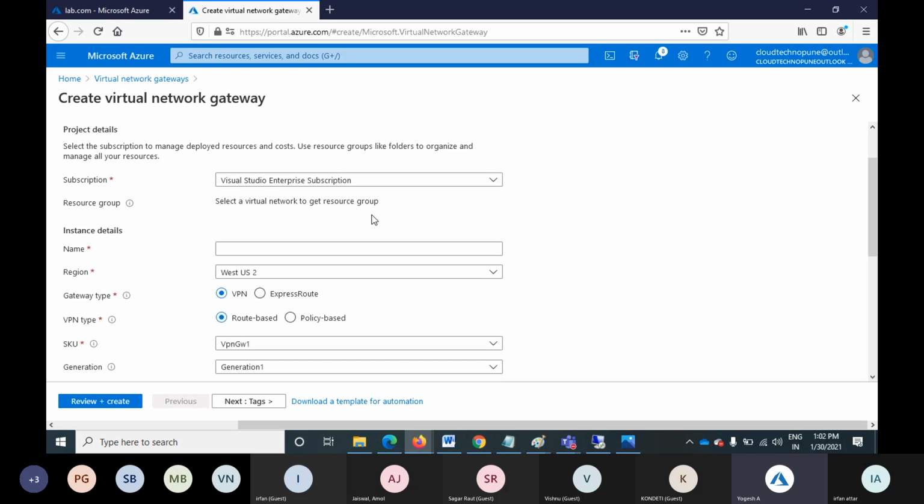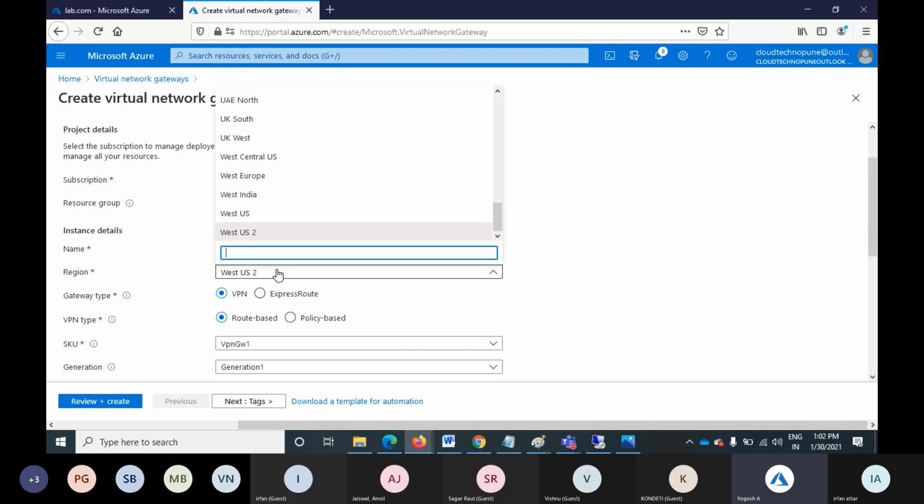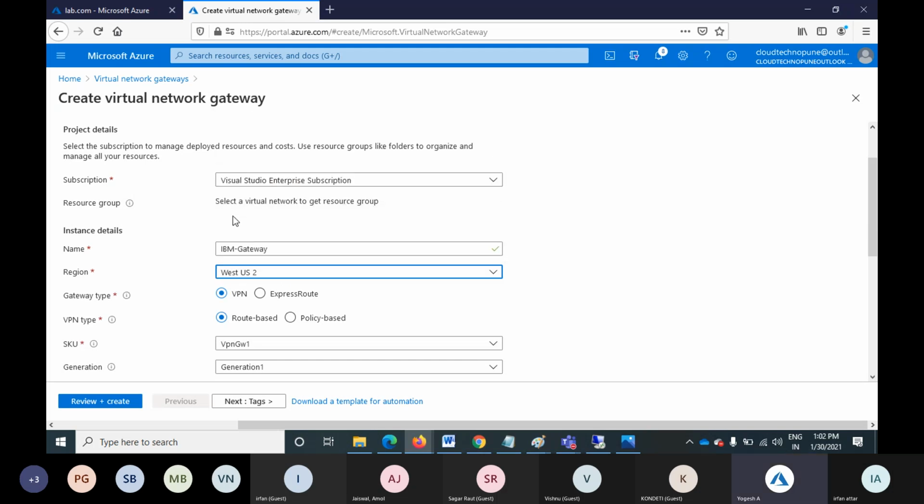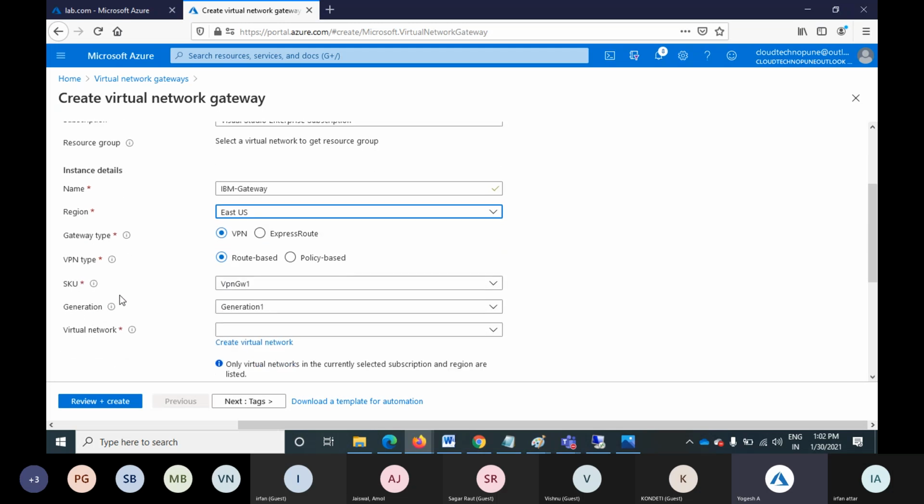This is the subscription and resource group, which is selected automatically. This is IBM-gateway, and the location is East US. Again, Microsoft is asking for the VPN gateway type.